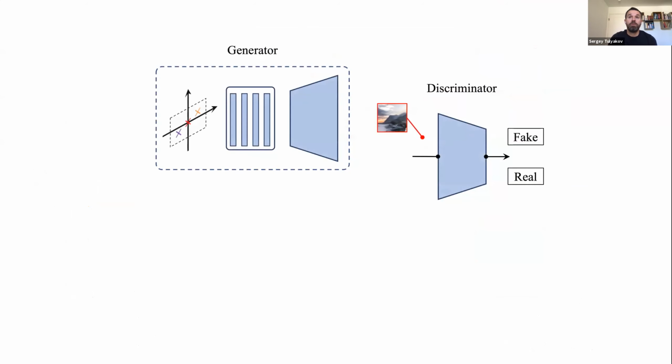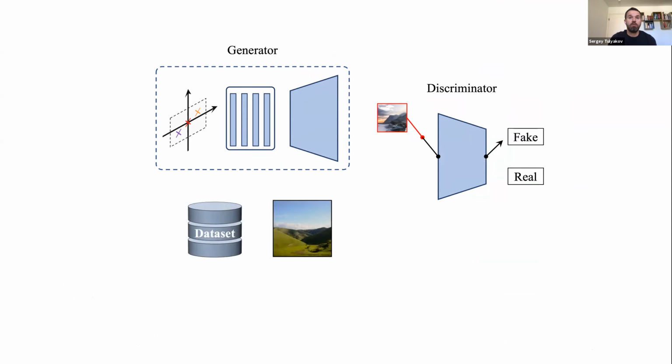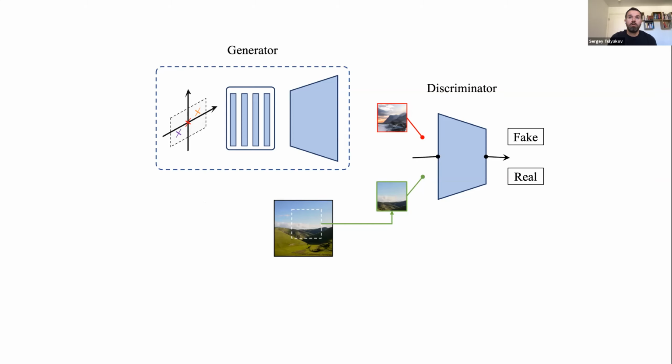The discriminator is trained using generated patches and also real patches. Additionally, we want the discriminator to be able to tell the vertical location of the patch, so we have an auxiliary loss that predicts the vertical location of the patch.